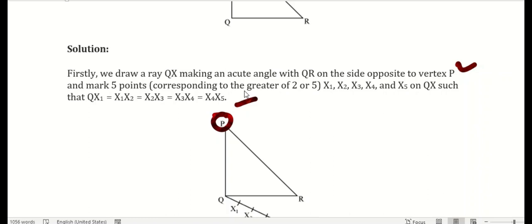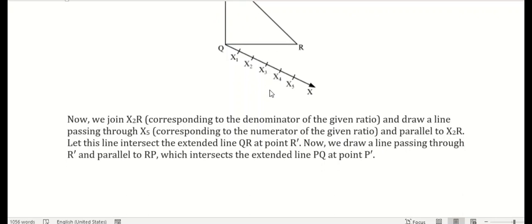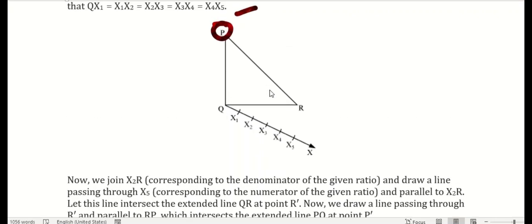Means all the divisions are equal. There is no variation. If you vary it, it will be wrong. Now we join X5 to R.